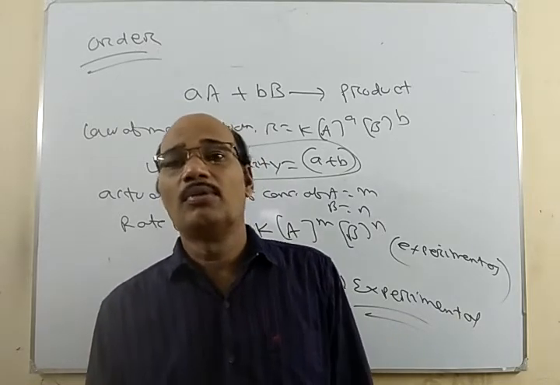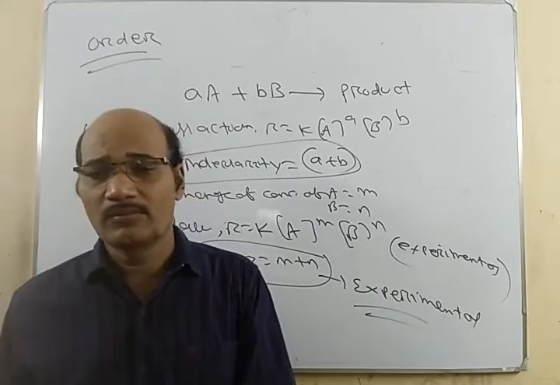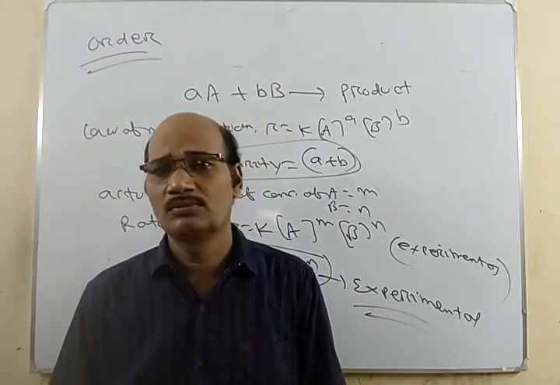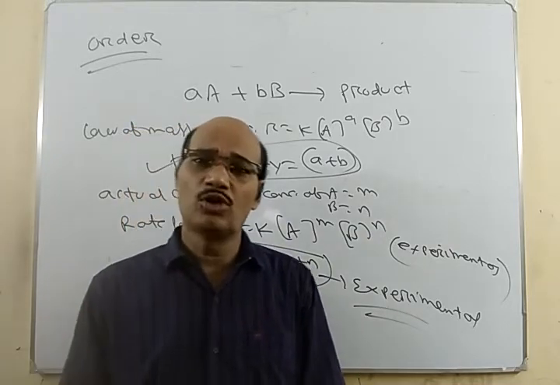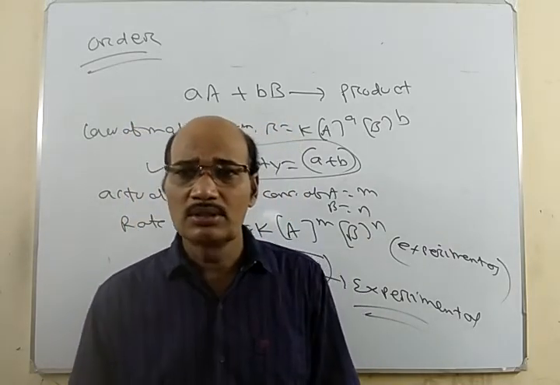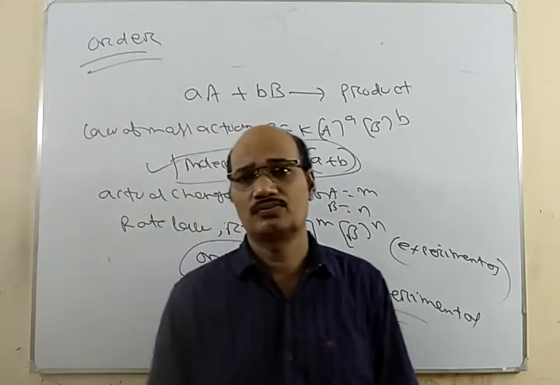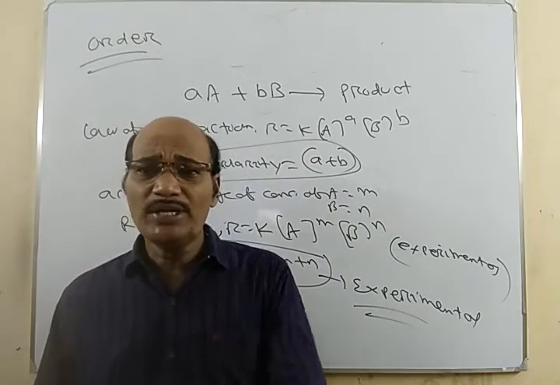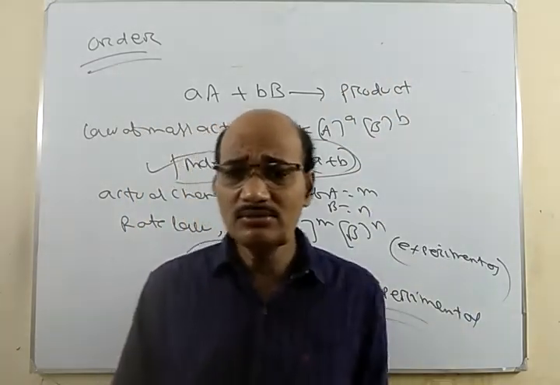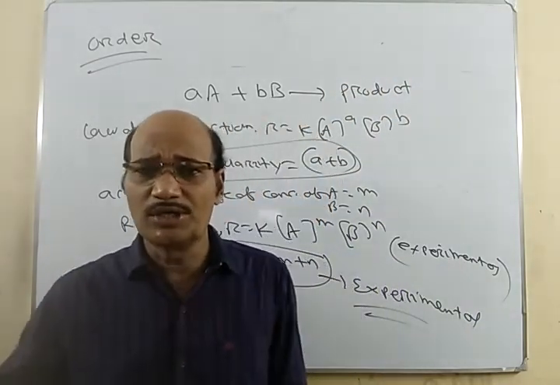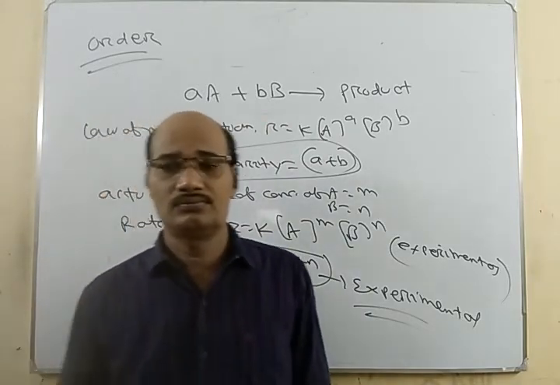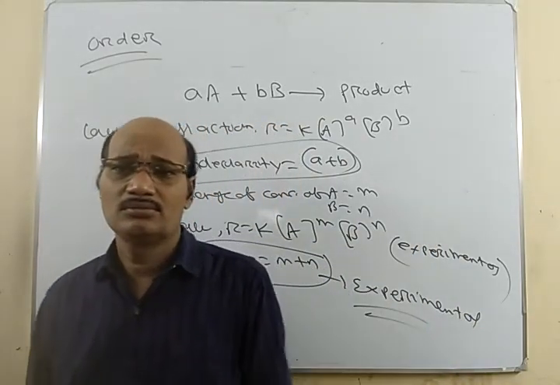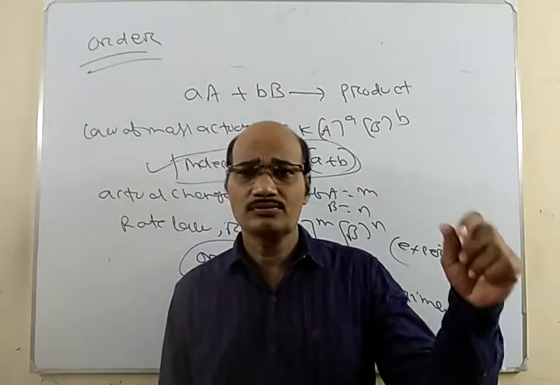So if you compare, molecularity is always a whole number, but order can be a whole number, can be 0, can be a fraction also. The molecularity we can obtain from the law of mass action, but the order we can obtain from the rate law.